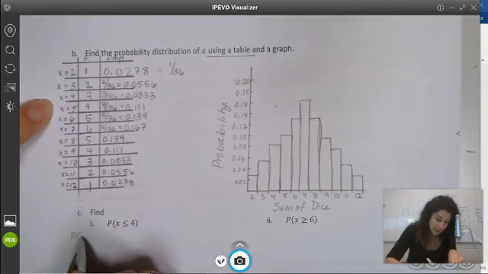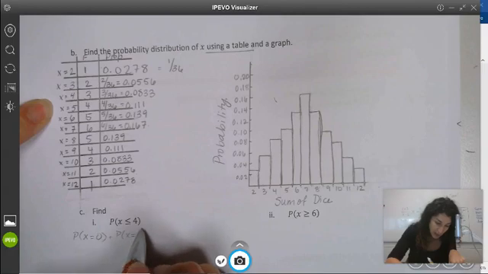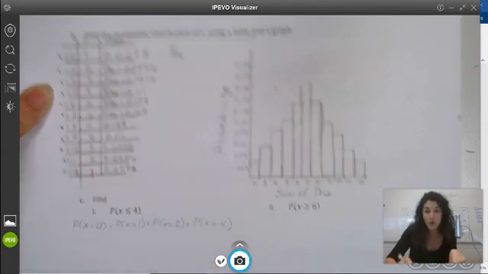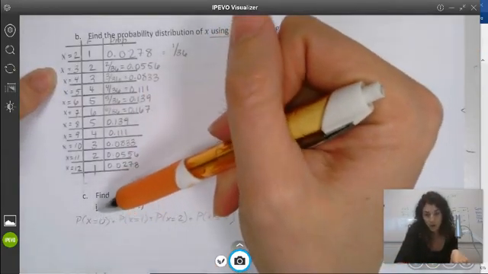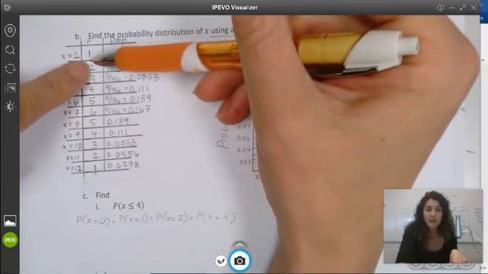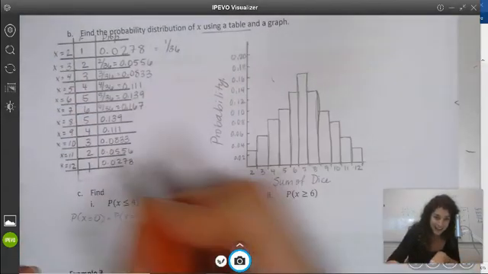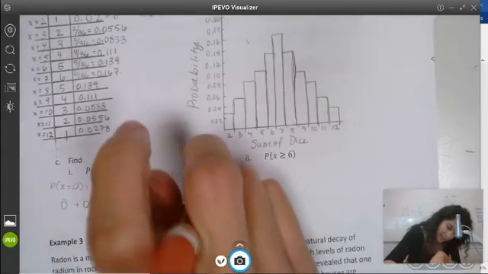It's just the probability that x is equal to 0 plus the probability that x is equal to 1 plus the probability that x is equal to 2 plus the probability that x is equal to 3 plus the probability that x is equal to 4, right? In other words, the probability that x equals 0 is 0 because you can't get 0 when you're rolling. And also the probability that x equals 1 is 0.